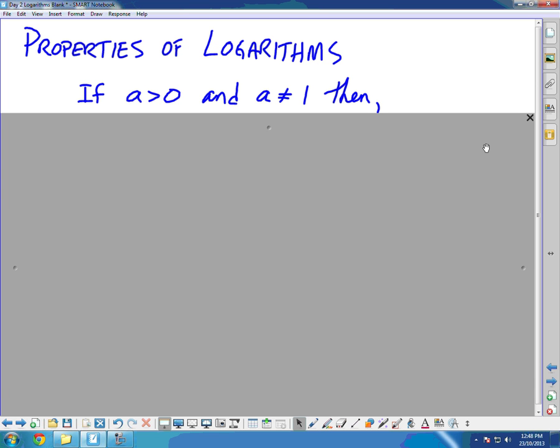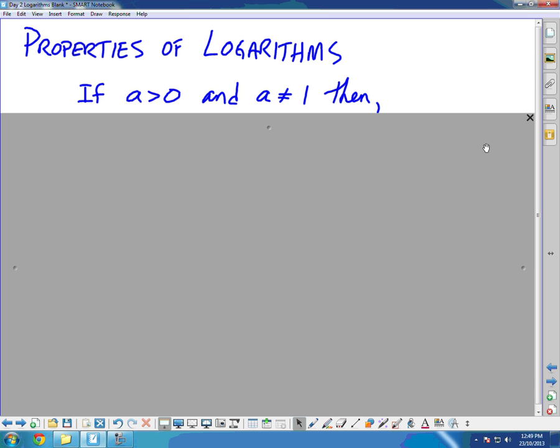And for now, we're going to ignore the situation where a is 1. Because having a base of 1 is a very unique situation, because 1 to the whatever is always 1. So the rules don't necessarily always apply when the base is 1.